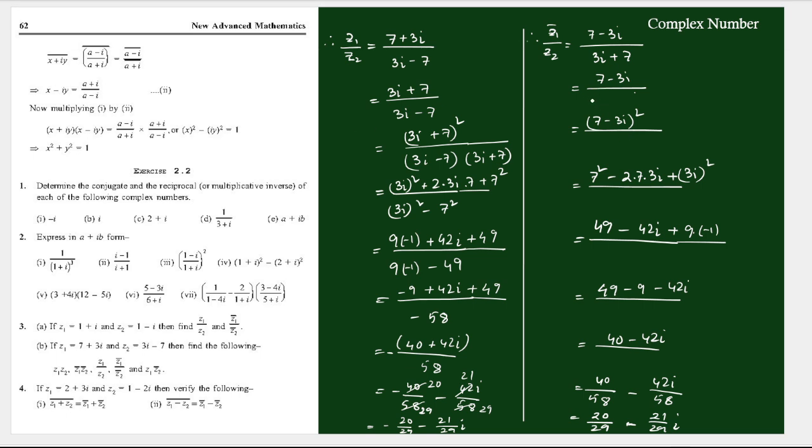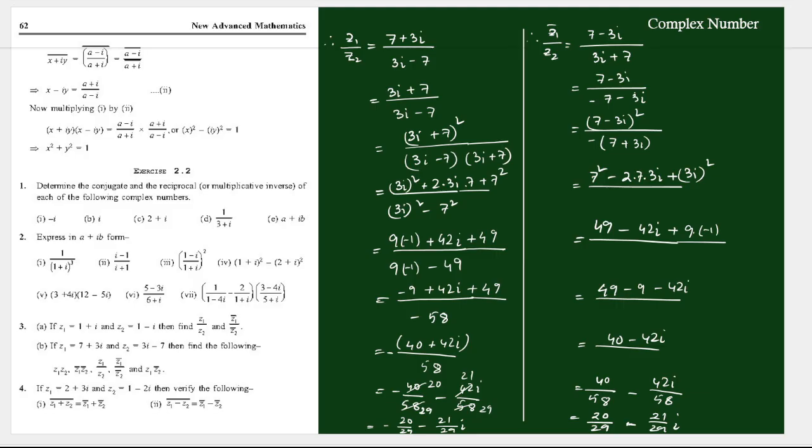So it will be like minus 7 minus 3i. Then we take minus common, 7 plus 3i.